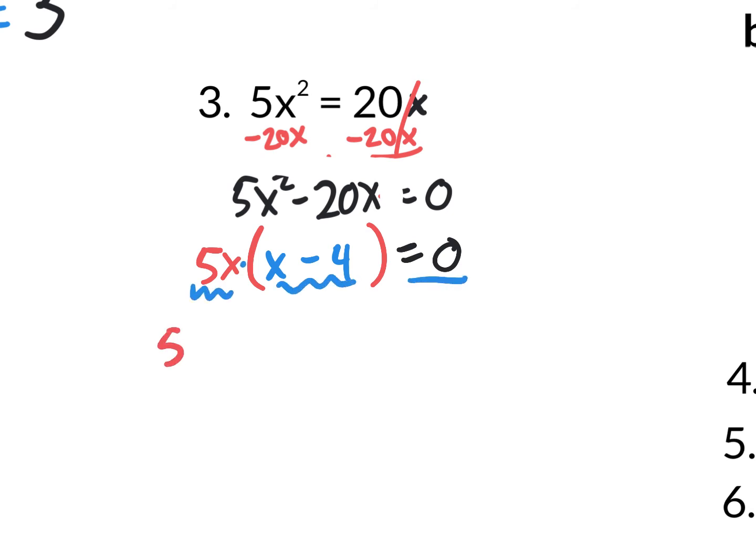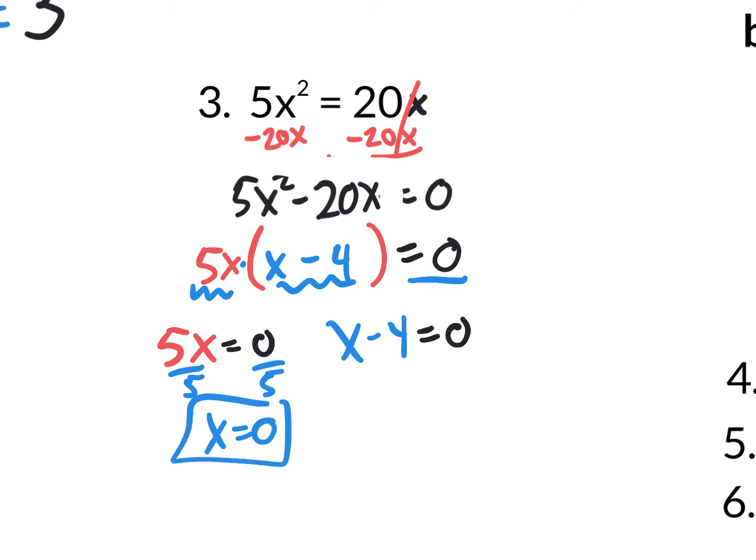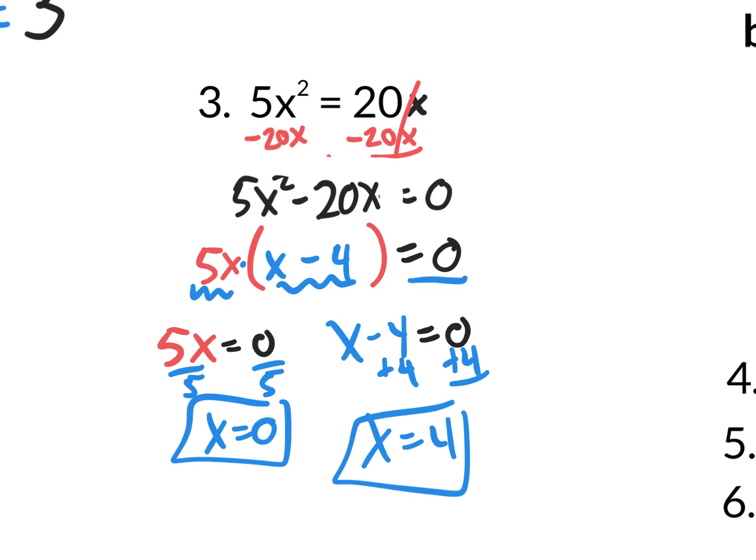That means that the first 5x could equal 0. And also the x minus 4, that binomial, could also equal 0. Giving you 2 answers, dividing by 5 on both sides, x equals 0 and x equals 4. Those are your 2 answers if you had an x right here, okay?